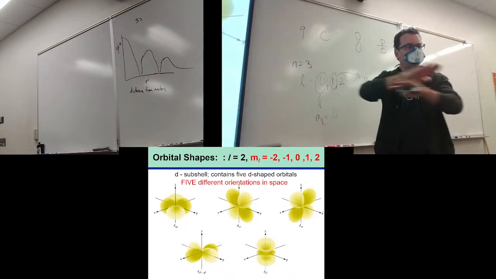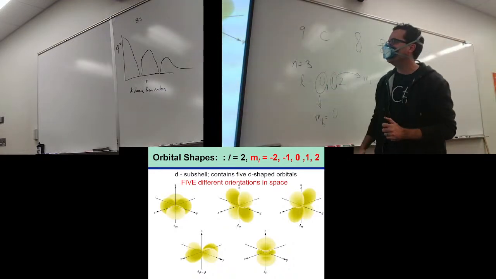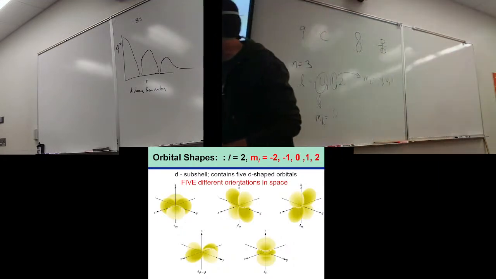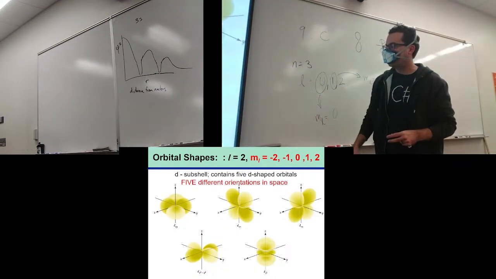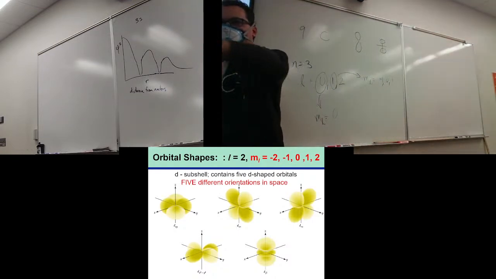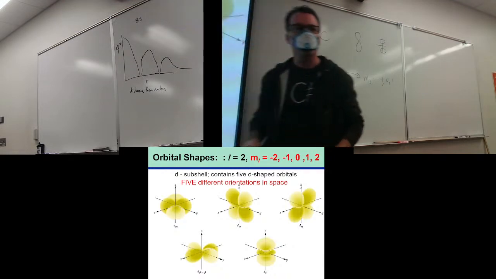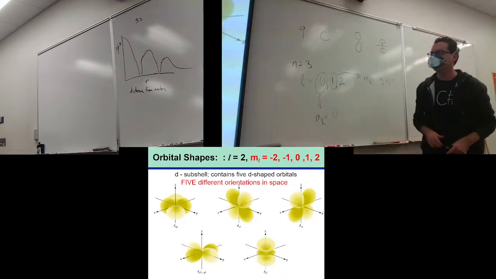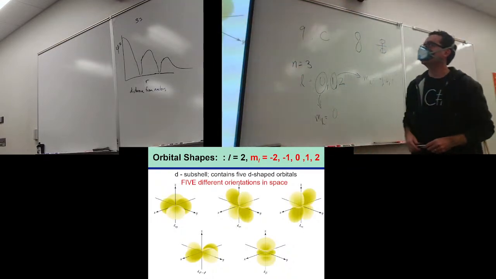What I mean by that is you can cut them with a plane and not hit any electron density at all. This is the only one that's a little weird. It's not 4 lobes, but it's got a torus, which is the shape of a donut, around the middle, and then 2 lobes, one on top and one on the bottom. So these are the 5 different orientations for a d orbital.